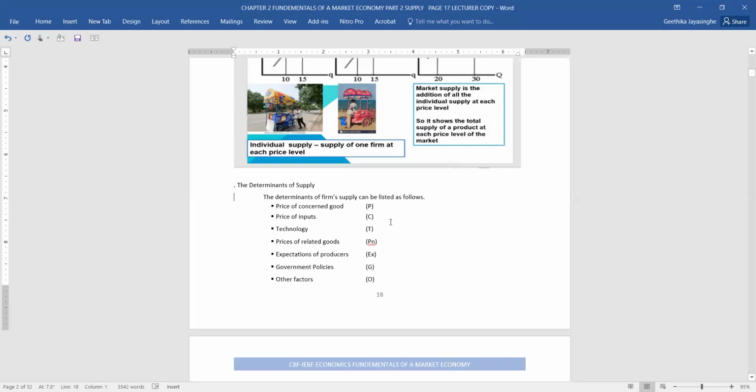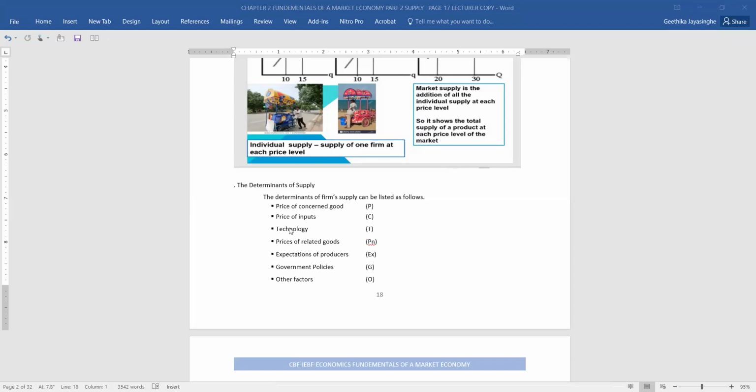So price of concerned goods, P. Price of input, C. Technology, price of related goods, expectation of producers, government policies and other factors. These abbreviations can change from one literature to another, but it's the same thing.